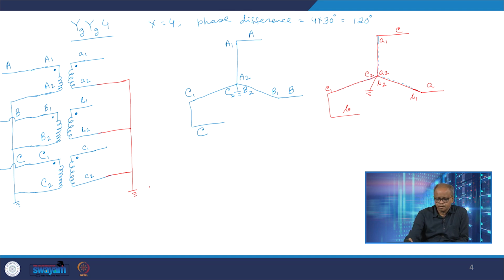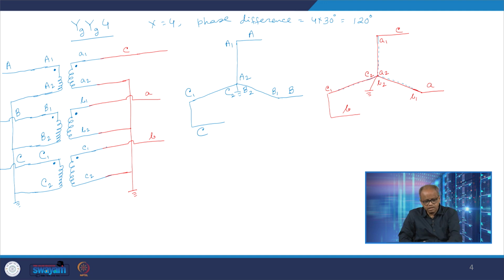And then from terminal A1, I say that this is phase C. From terminal B1, I say that this is phase A. And from terminal C1, I say that this is phase B. Right?